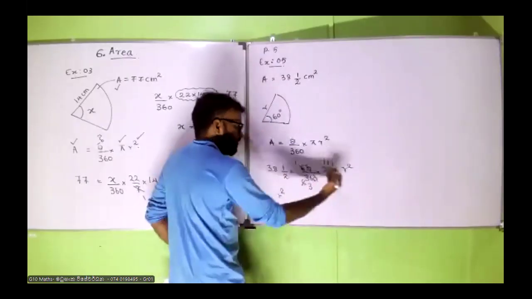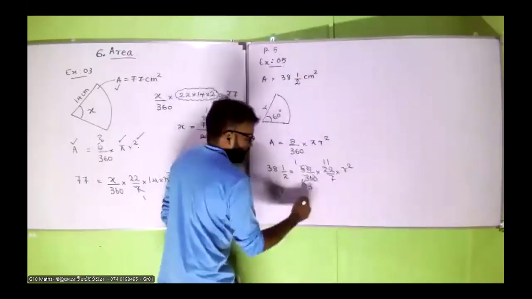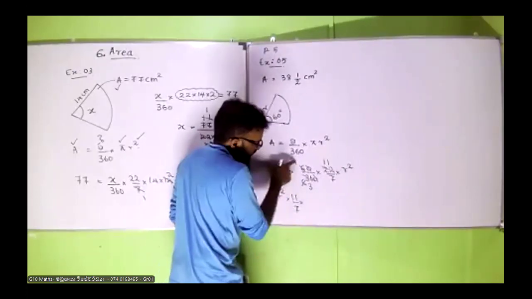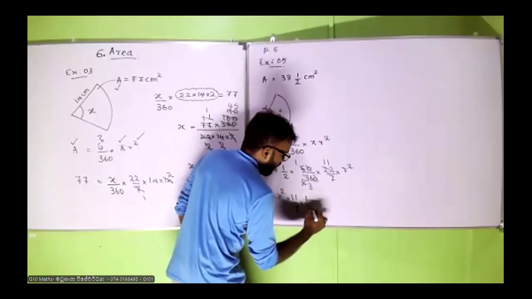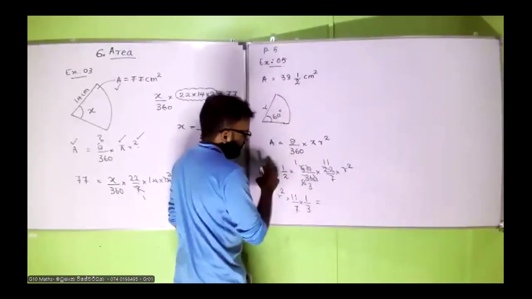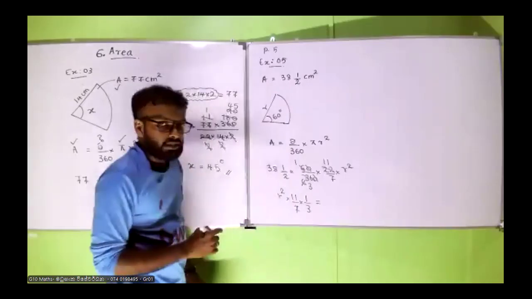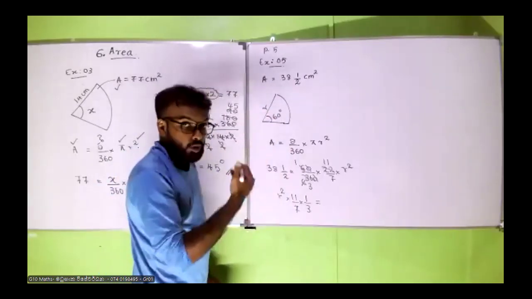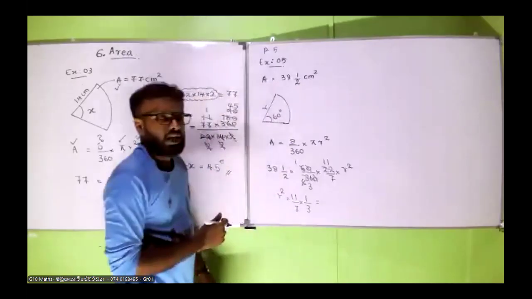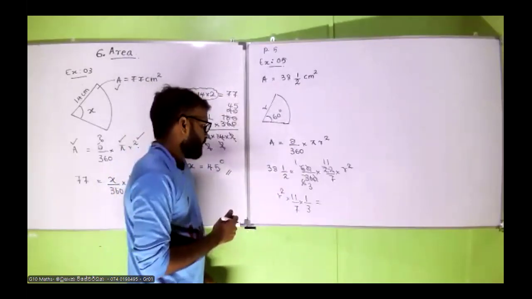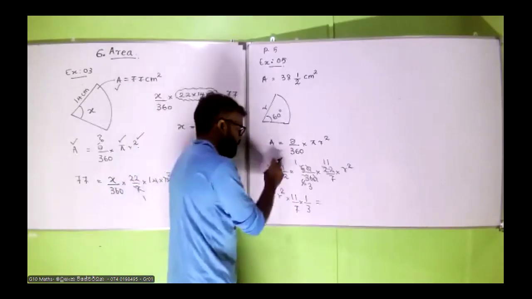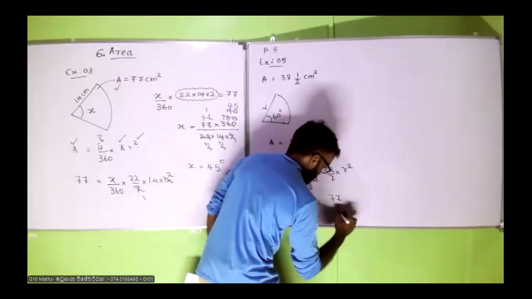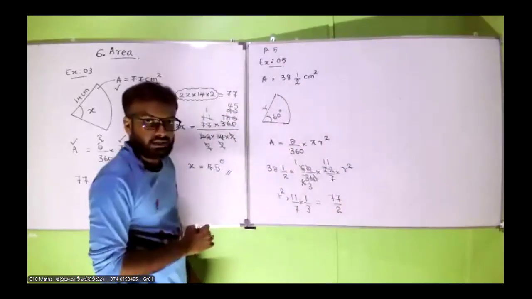If I change the sides, I have 11 upon 7 multiplied by 1 upon 3 equals 38 and a half, a mixed number. I can convert it into an improper fraction: 2 times 38 is 76, 76 plus 1 means 77, so 77 divided by 2.